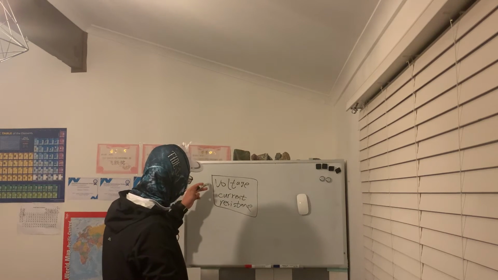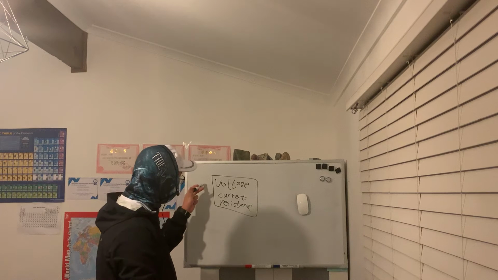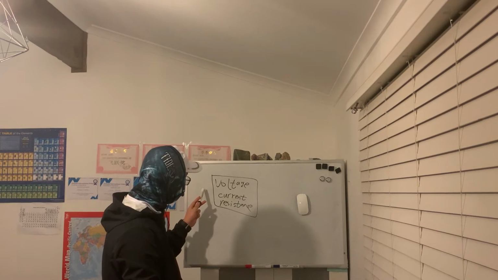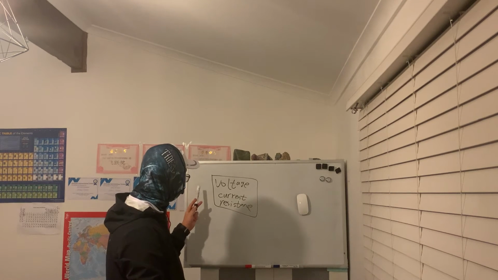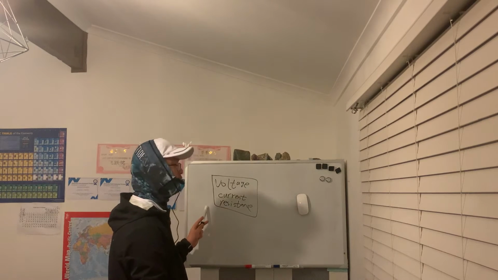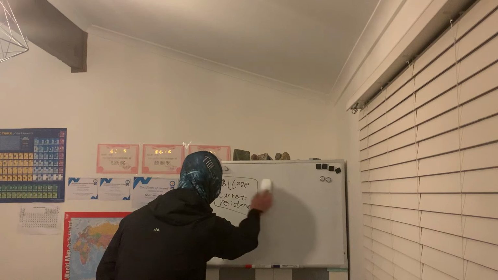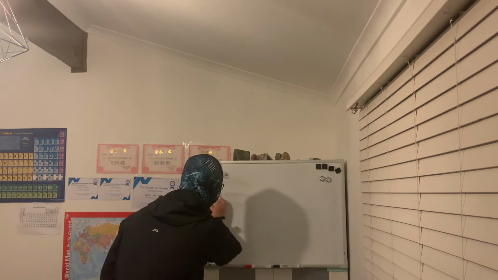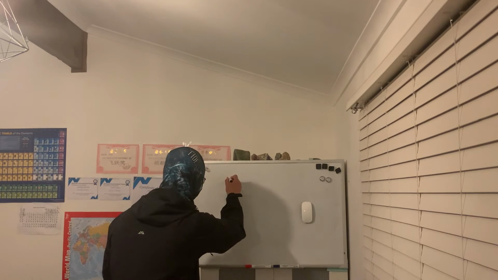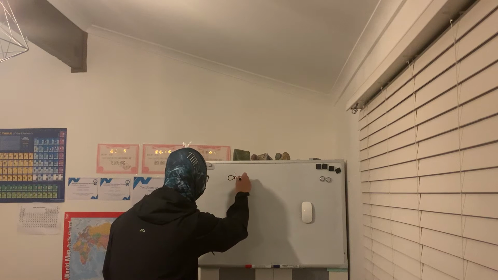So you probably think, is there any relationship between these three very important concepts? And I'm gonna tell you yes. Today we're gonna talk about Ohm's Law, which states this.